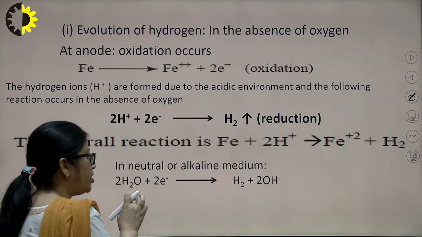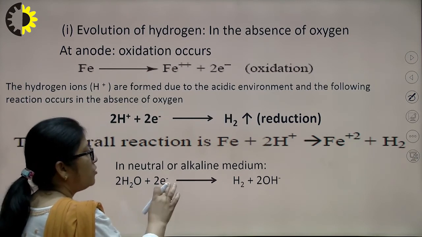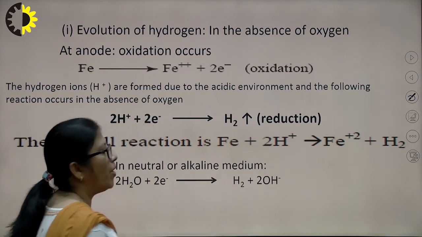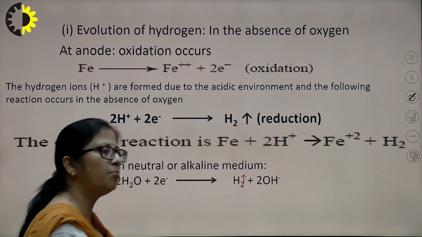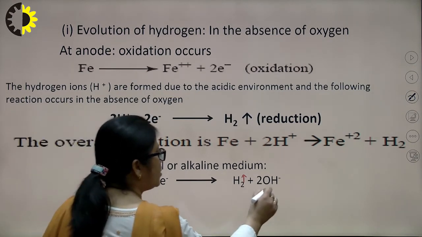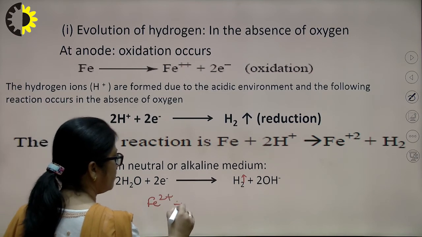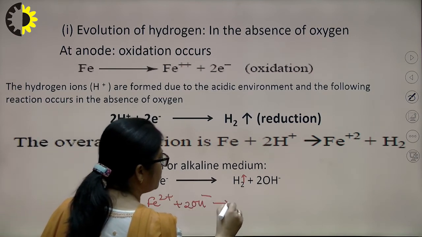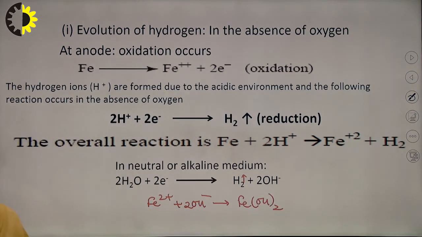So, the moisture or water is going to accept the electrons released by the iron to form H2 plus 2 OH minus. So, here again the H2 gas is being released. And these two OH minus which are being formed react with ferrous ions to form ferrous hydroxide, which ultimately forms ferric hydroxide. So, these are the two reactions that are going to take place in the absence of oxygen.